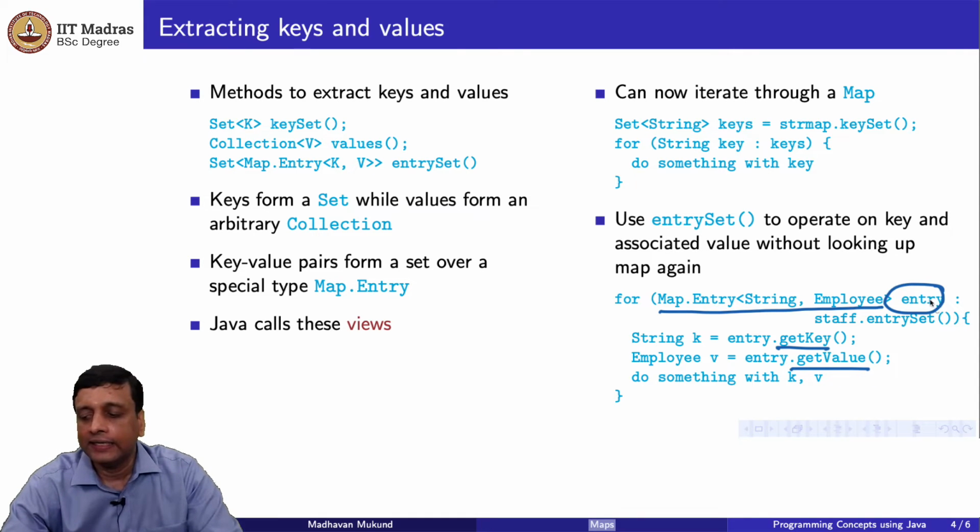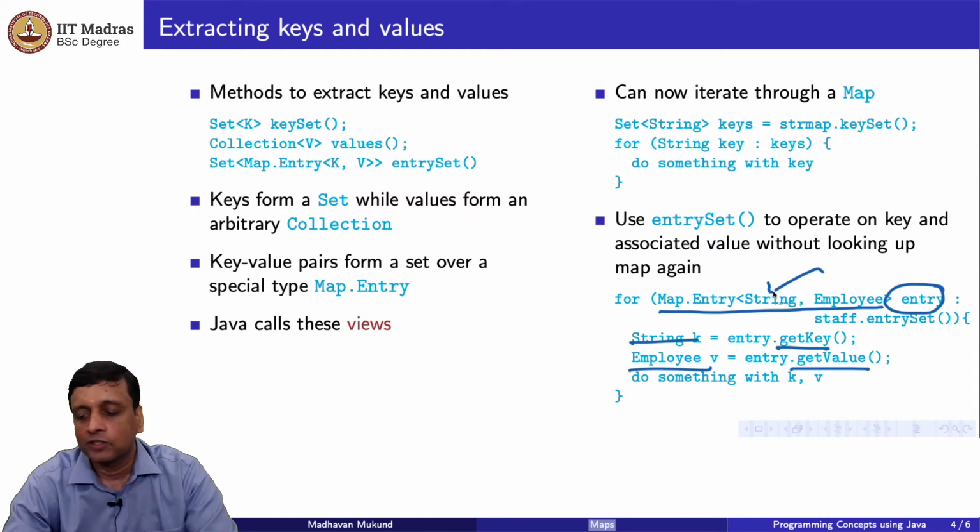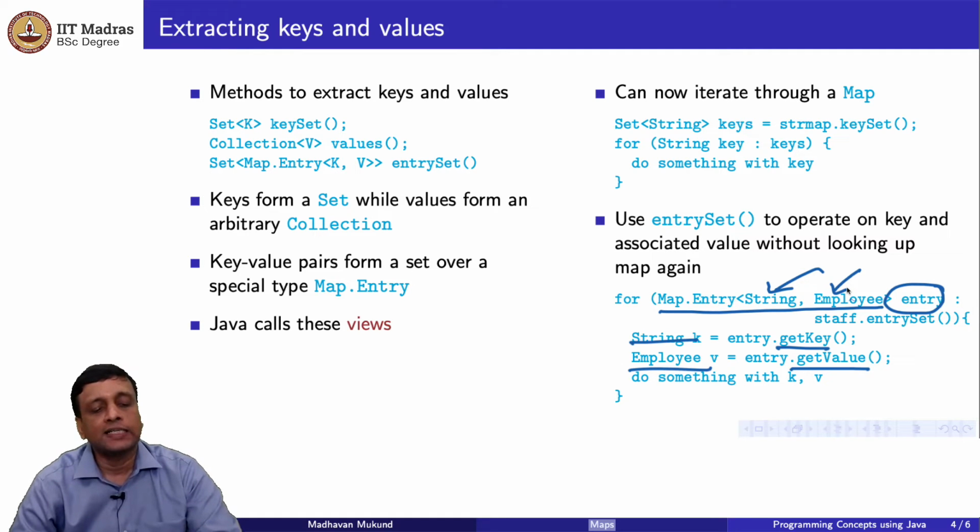So I take this entry, it's a complex object. It has the key and the value, and we're cycling through every key and every value present in our map. For each of those individual complex things, I can extract out the string part and the employee part, because this was a map in which the keys are strings and the values are employees. Then I can do something with the particular key and the particular value that I get, and proceed.